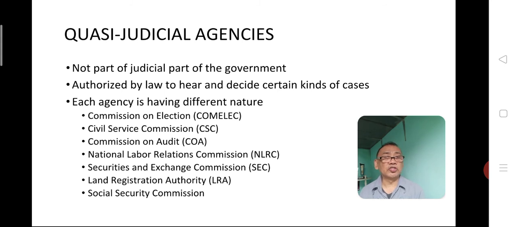Civil Service Commission, Commission on Audit, National Labor Relations Commission, Securities and Exchange Commission, Land Registration Authority, Social Security Commission. Kung titingnan natin, all of them, or most of them, are mga commissions, and they have their own practices, no? Particularly, halimbawa sa COA, Commission on Audit.